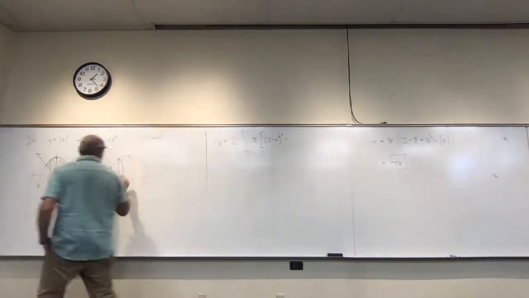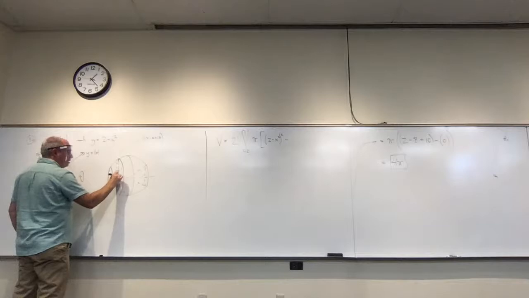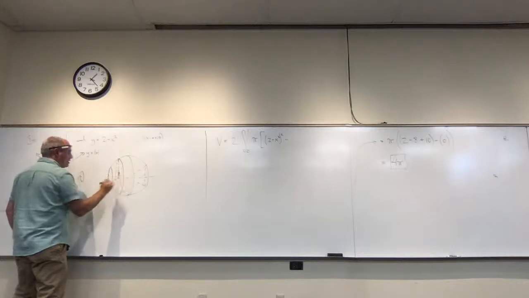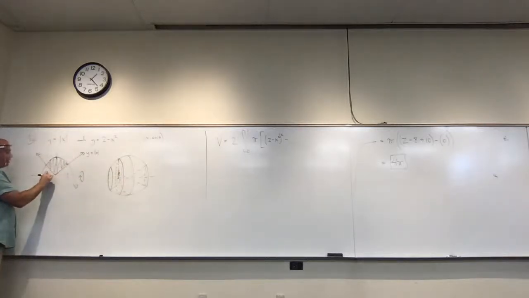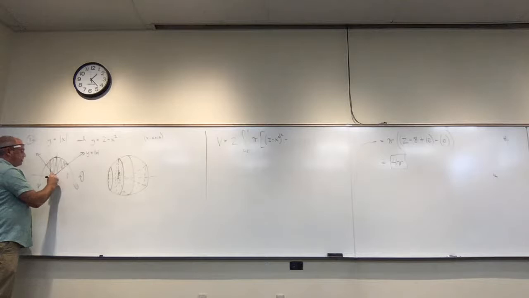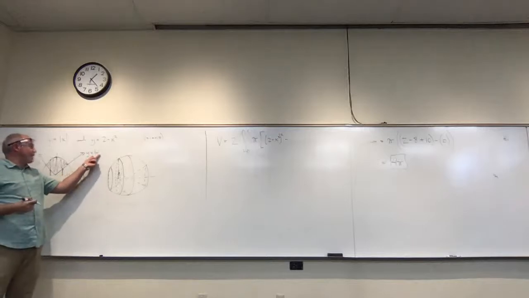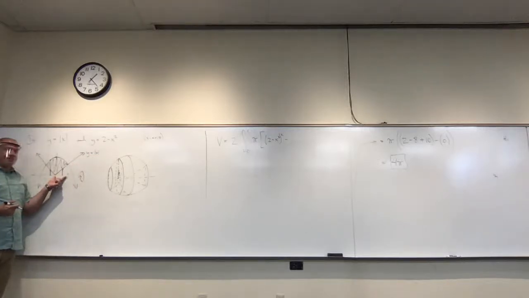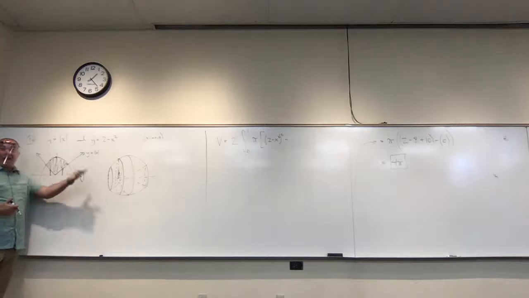Now we need the inner radius, which is from here to here, this distance, which, since I'm between 0 and 1, is just the absolute value of x. But if x is positive, the absolute value of x is x.